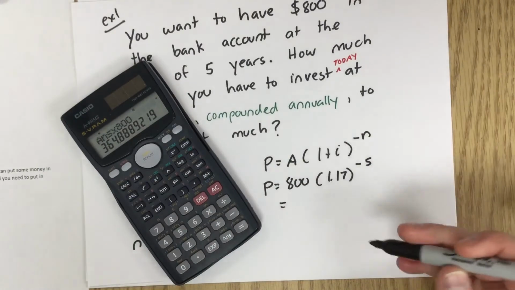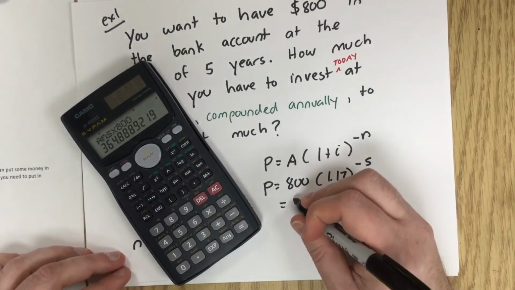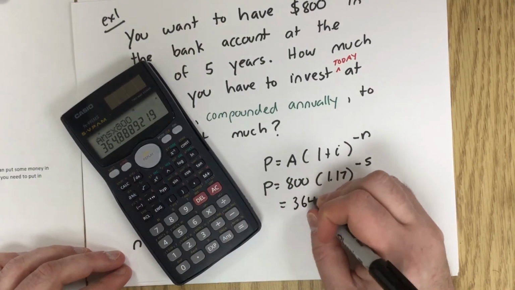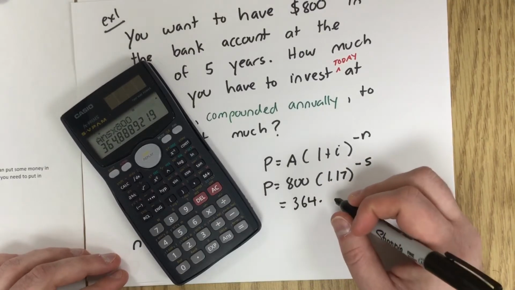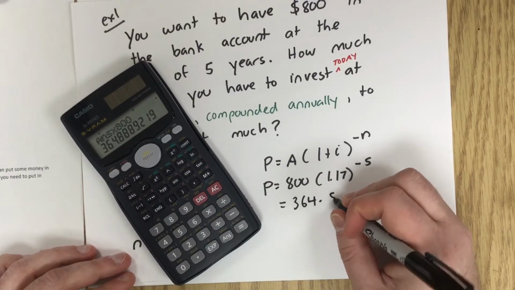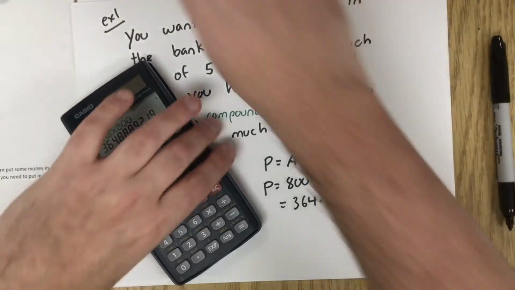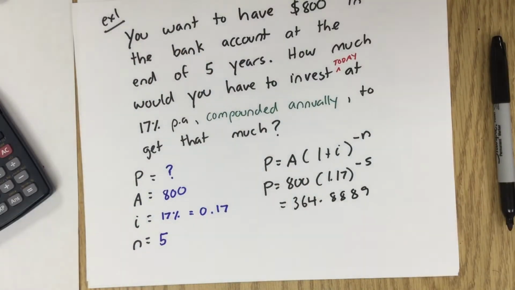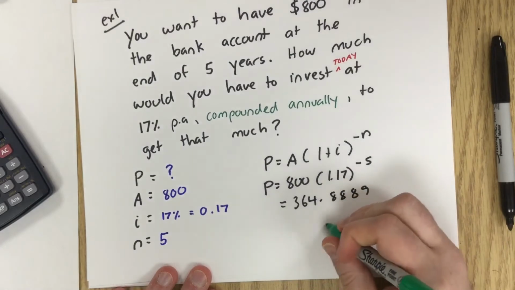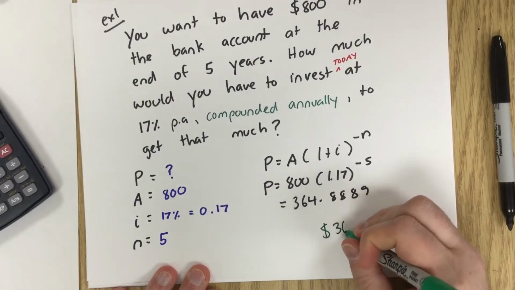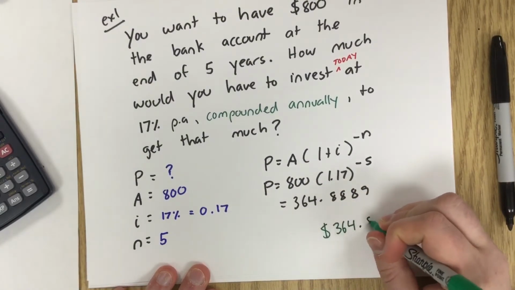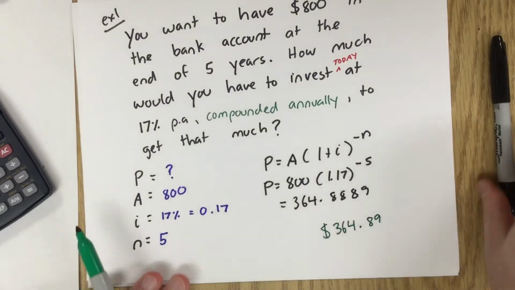Make sure you can do this on your calculator. It's easy to watch somebody do it, but typing it in is not necessarily as easy as people might think. 364.8889. And writing that in a nice way, we would need $364.89.